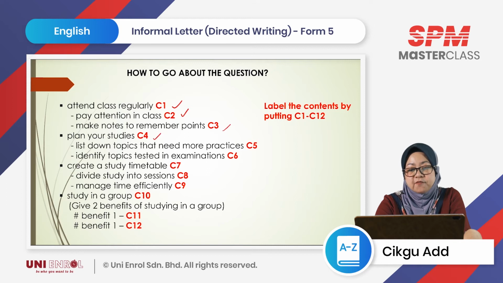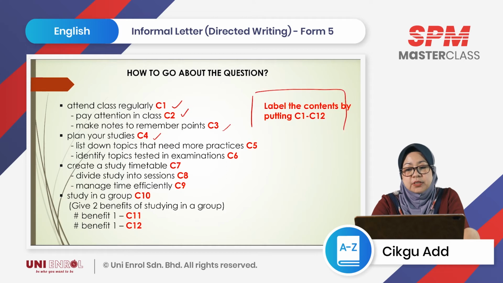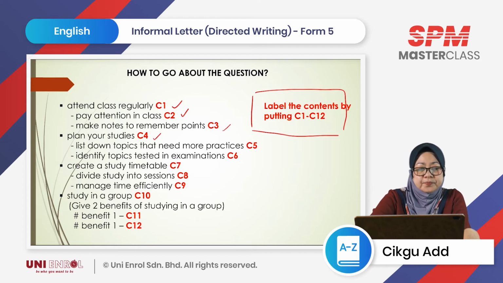Plan your studies, C4. And it goes on until C12. But remember, usually for C11 and C12, students are required to give on their own. I would advise that students label the contents by putting the numbering of C1 until C12. It is just to make it easier for you to remember what to write so that you will not forget.